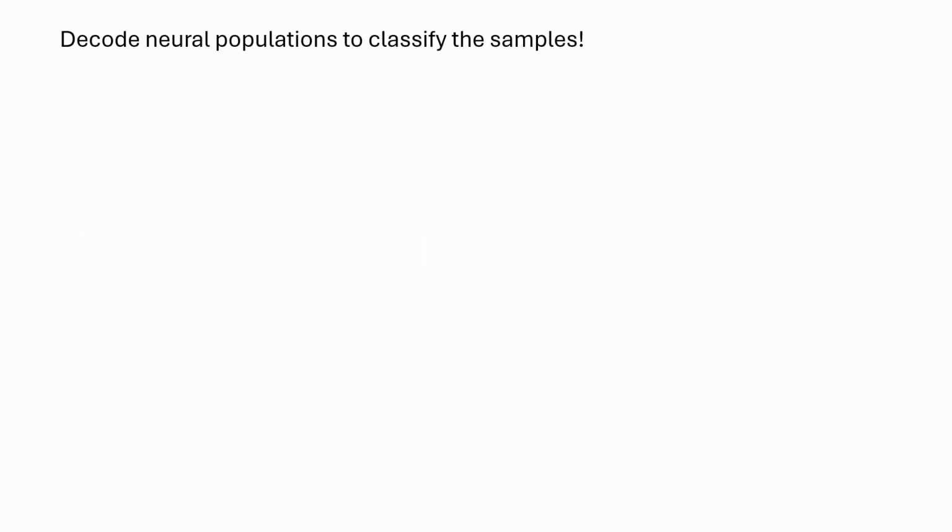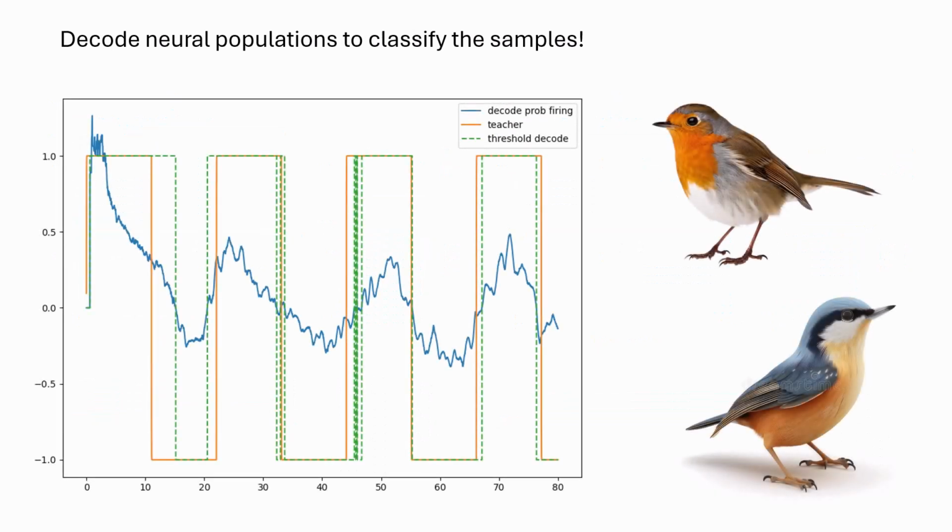And so we're decoding the neural populations to classify these samples, doing a Fourier transform in real time. And so we can see as the recorded bird call is happening, we see the probability of firing in these neuronal ensembles, and that allows us to decode with some level of accuracy and some level of certainty which bird is singing.